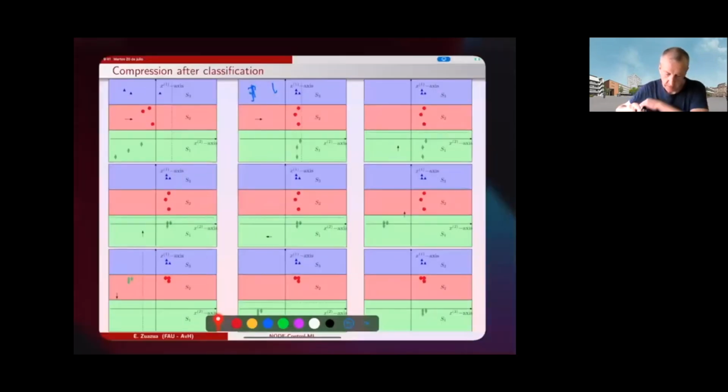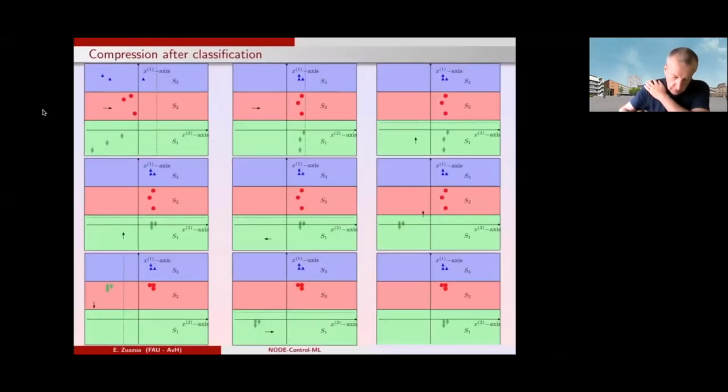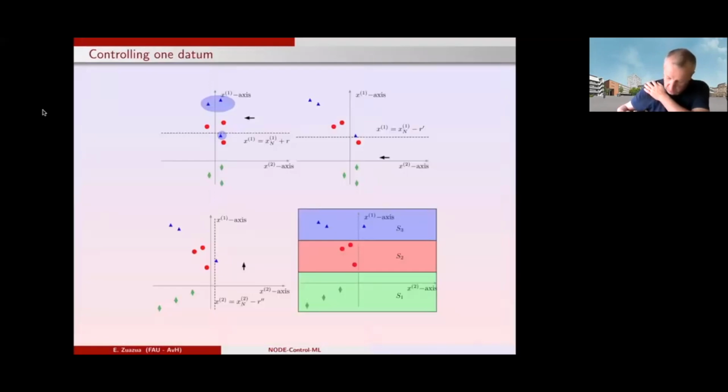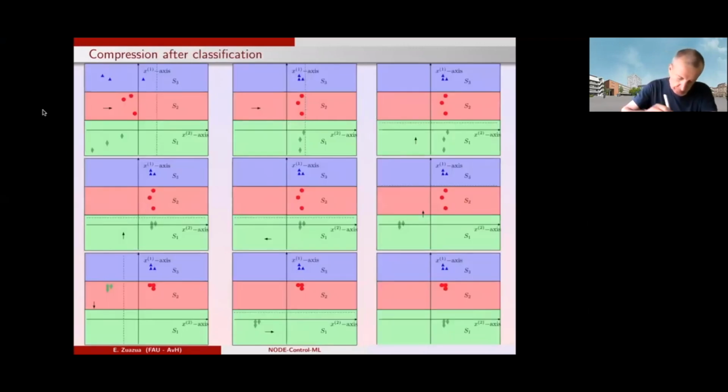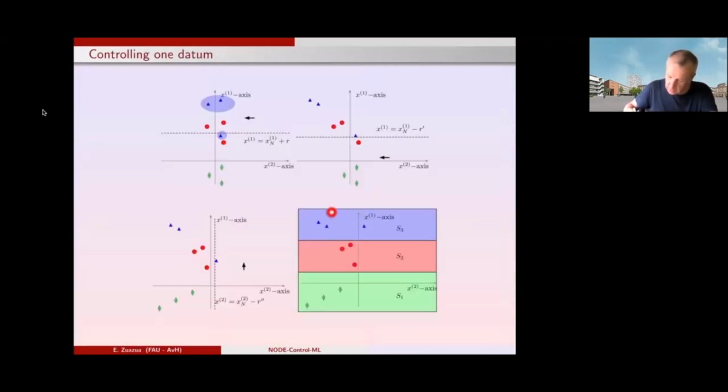Okay, so something that you could observe is that when we proceed the way we did, we are possibly getting a lot of dispersion in the data, right?